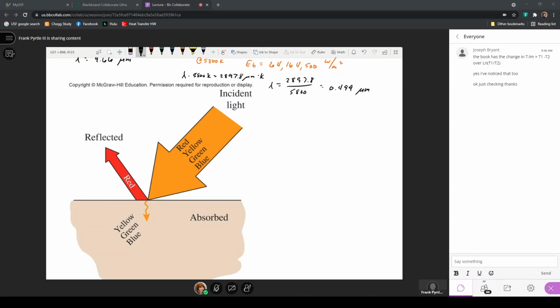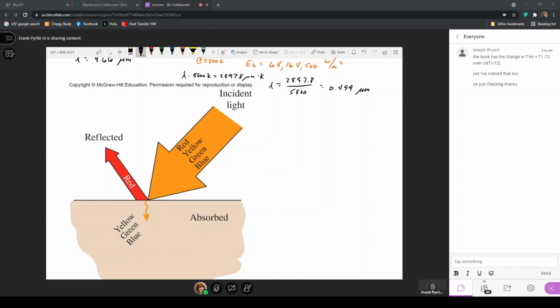But if I have essentially white light hitting the surface and I see red, all that means is that the red is primarily reflected and the other colors are absorbed. So when you look at someone's shirt and it appears to be blue, it means that the white light that hit the surface is absorbed with the blue primarily being reflected.